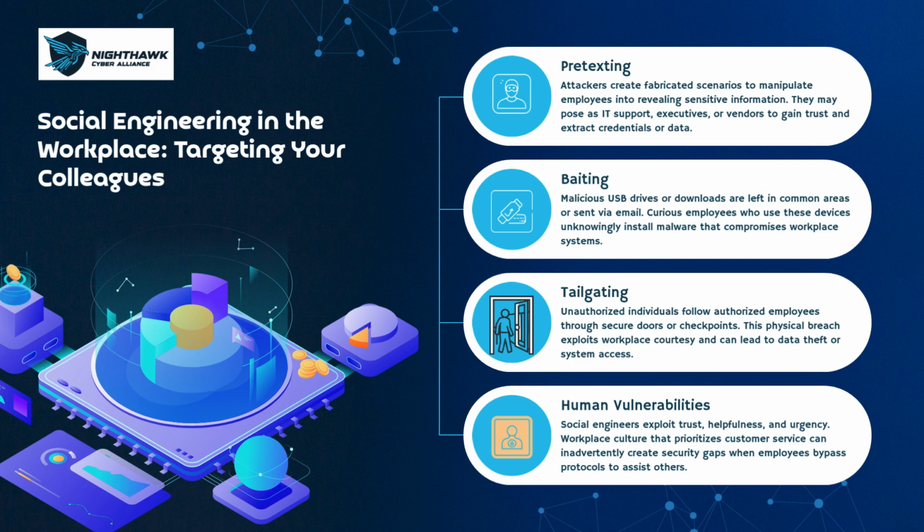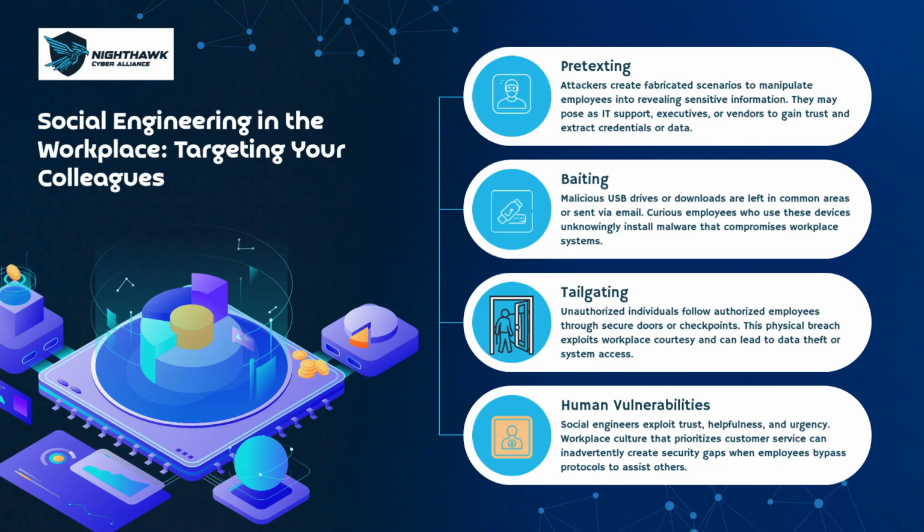Social engineering attacks target the workplace specifically because human vulnerabilities are easier to exploit than technical ones. Four tactics show up repeatedly in healthcare environments. Pretexting involves attackers creating fabricated scenarios, posing as IT support, executives, or vendors to manipulate employees into revealing sensitive information or credentials.